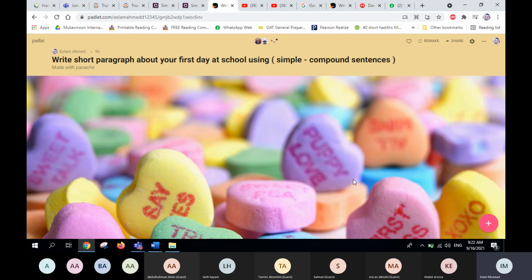Yes, in the same paragraph. Don't number the sentences. I just need a paragraph.